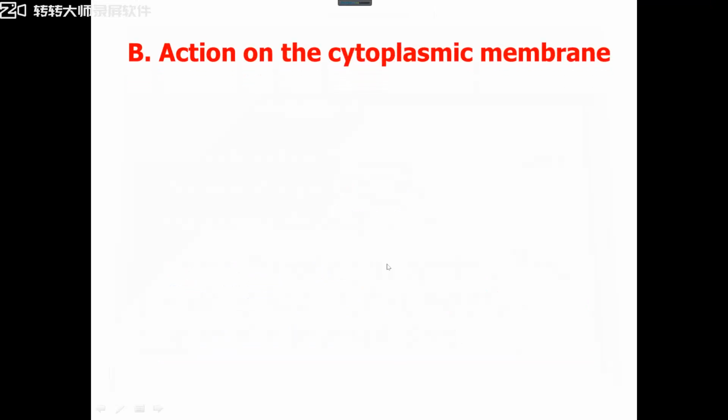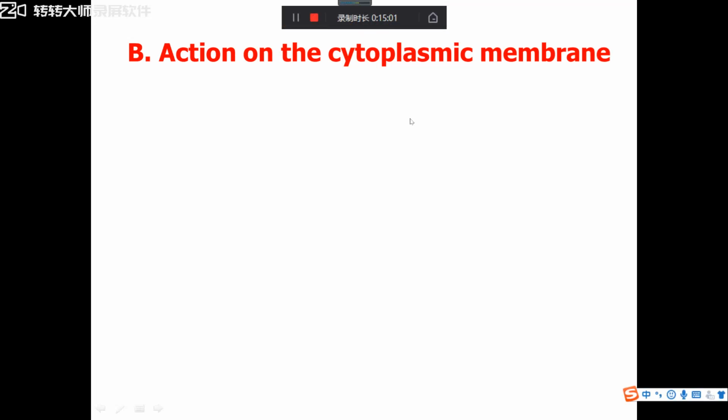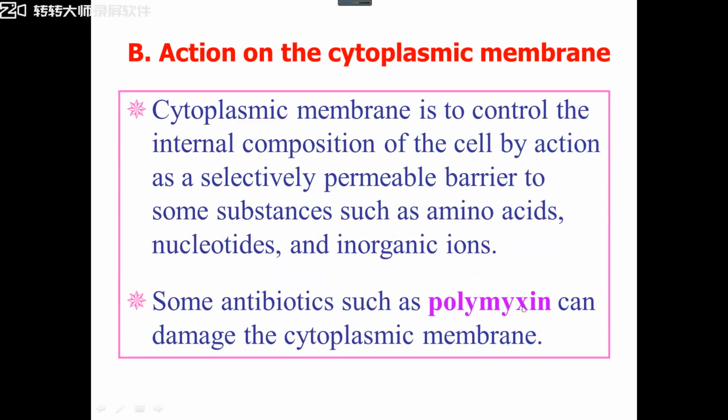The second kind of antibacterial agents can inhibit cytoplasmic membrane synthesis.